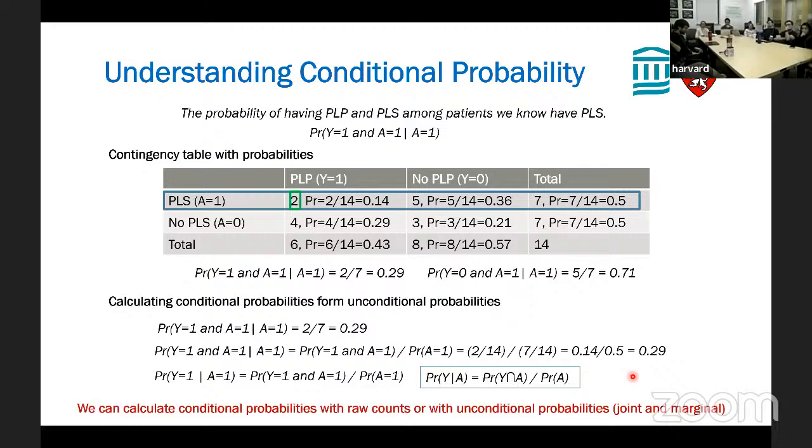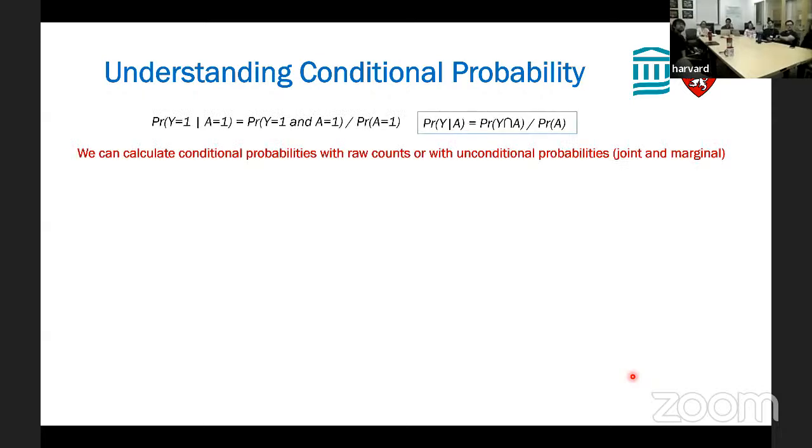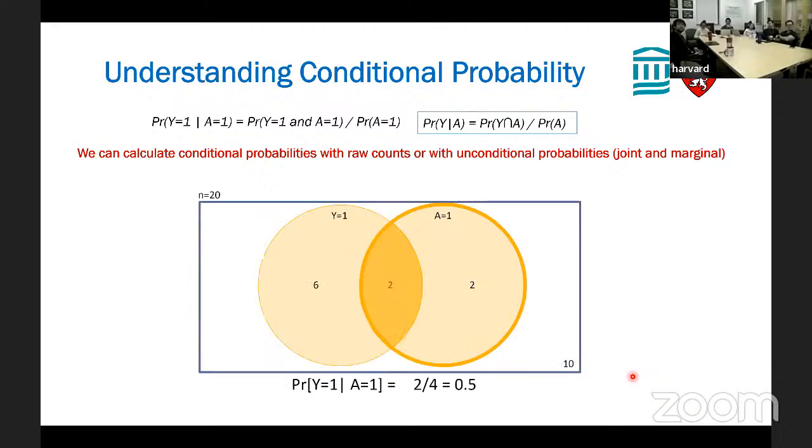And you can represent this using row counts or unconditional probabilities, which require the joint and the marginal to calculate the conditional. You can also represent this with a Venn diagram. I always like to think first on this right side. First you stratify the second set, so you know you are working only with 4, because it's given a equals 1.